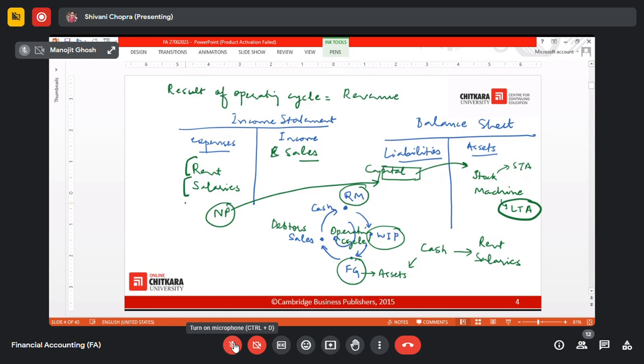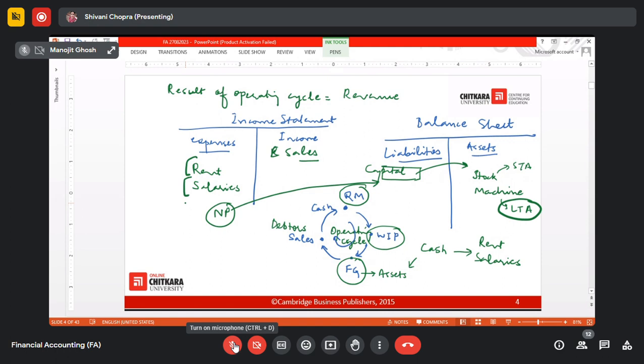The point I want to make here is, any expenditure that is done in order to use an asset which recovers itself during one operating cycle is a revenue expenditure. But any expenditure that is done to acquire an asset which takes years or more than one operating cycle to recover itself is a capital expenditure.